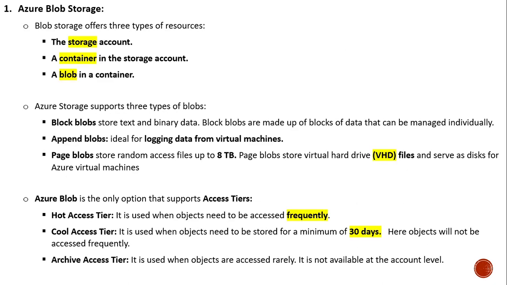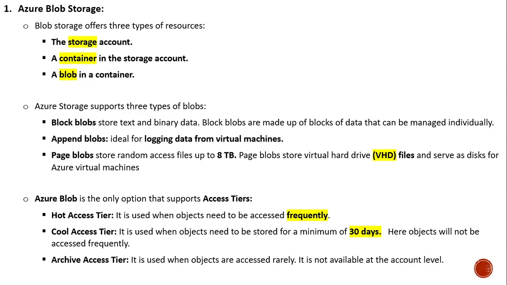So Azure Blob Storage offers three types of resources: the storage account, the container in the storage account, and a blob in the container. So this is, you can say, a hierarchy. And then the block blobs. So first one is the block blobs, which store text and binary data.